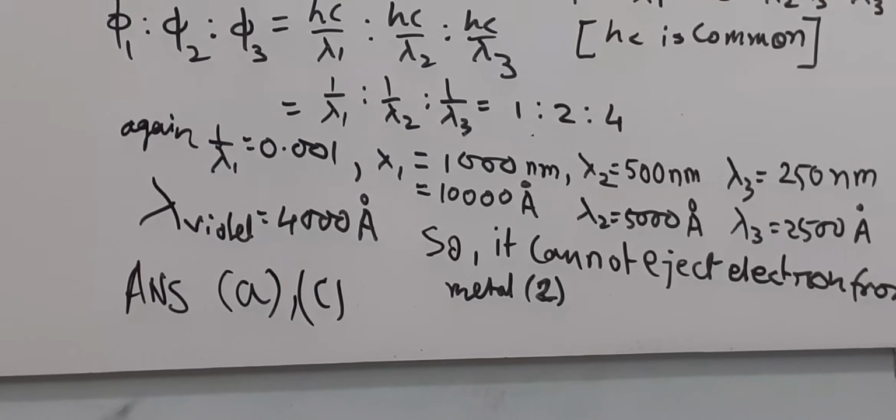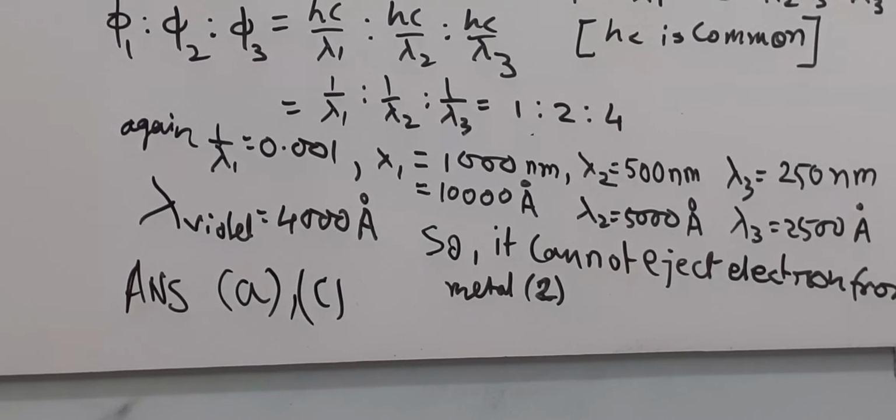One of the choices given here is that violet color light can eject photoelectrons from metal 2 and 3, 2 as well as 3, this point has to be noted. Violet color has a wavelength 4000 angstrom. Definitely this light can eject electron from metal 3, but it is not possible for metal 2, because for metal 2 minimum wavelength required is 5000 angstroms. So, answer A and C is correct only.